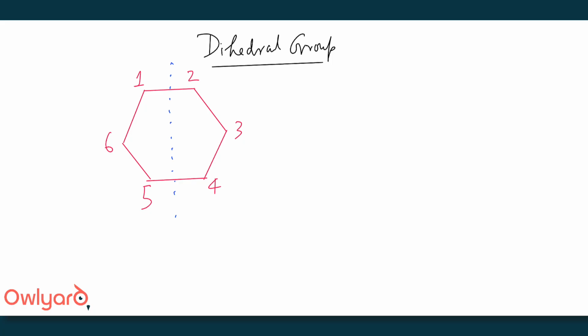So let me denote them by the set X, where the members of the set X are the vertices 1, 2, 3, 4, 5, and 6. The claim is that any rotation or any flip will create a permutation on this set X, right? Now, let's find a way to represent these rotations and flips.